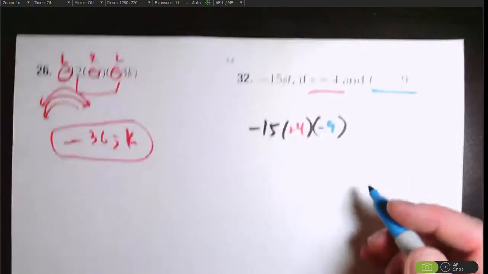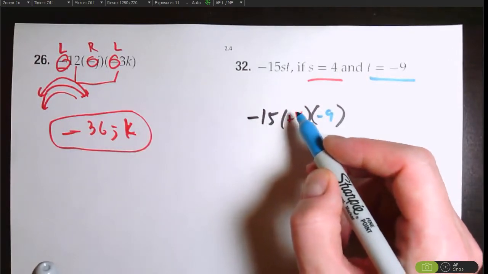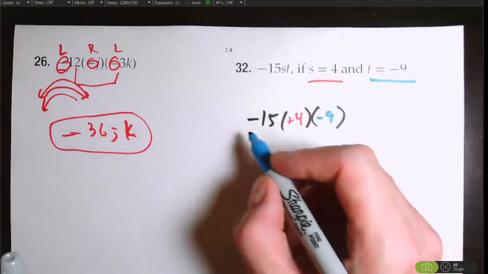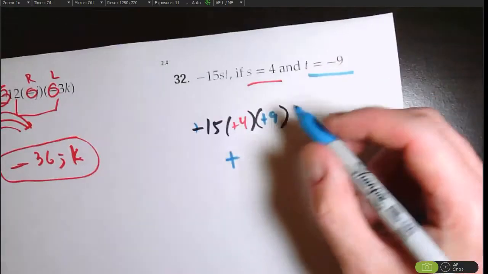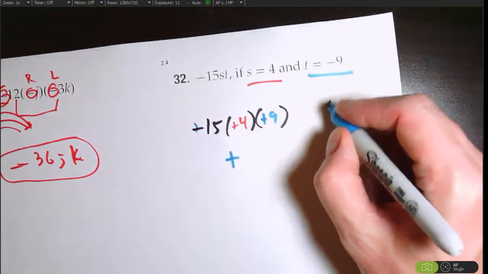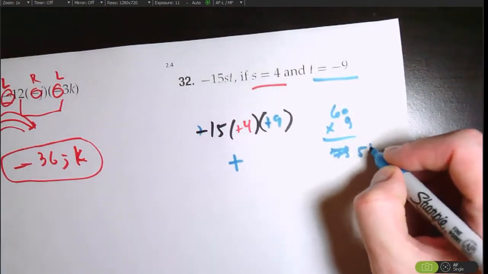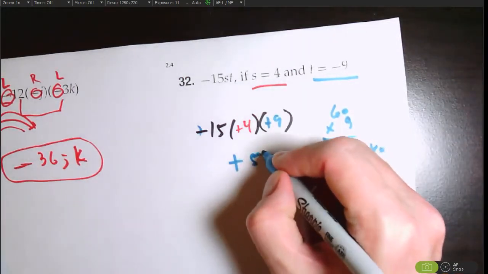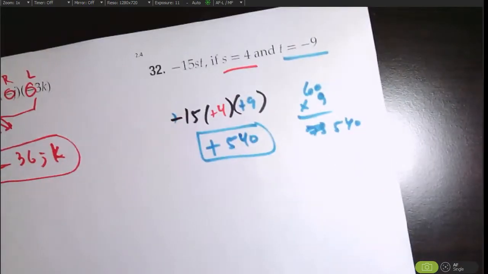Okay, so again, this guy jumps to the left. Positive doesn't change that direction. But the negative is going to bounce it back, so I know these two signs are going to cancel off. It's going to become positive. And then it's just a matter of doing 15 times 4, which is 60, times 9, which is 540. There we go.